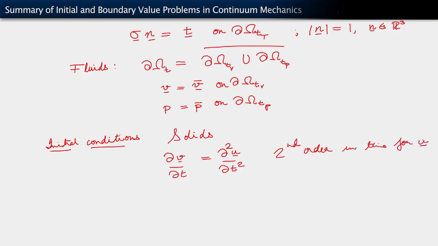Consequently, we need two initial conditions. What's typical is to say that the displacement at a point at the initial time, t equals 0, equals u naught, a function of x alone.